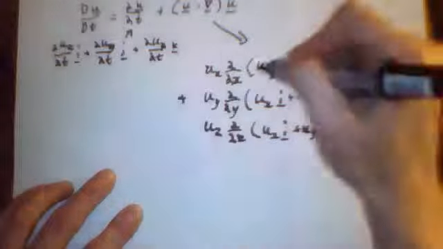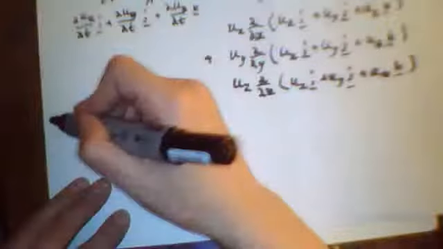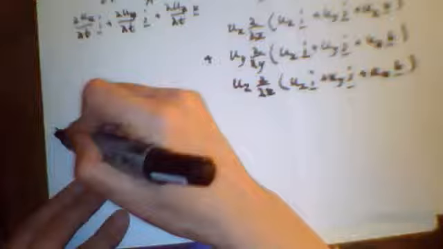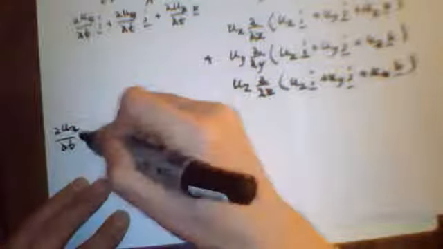So these are the two parts. You can see that there's i components, j components and k components, and you're going to want to separate those out. So do that. We'll have the i component, writing down all the i bits. Right.